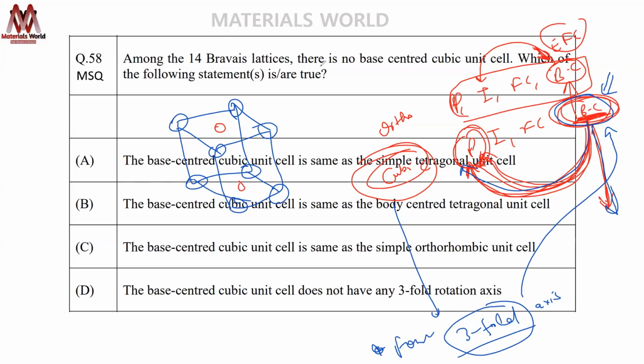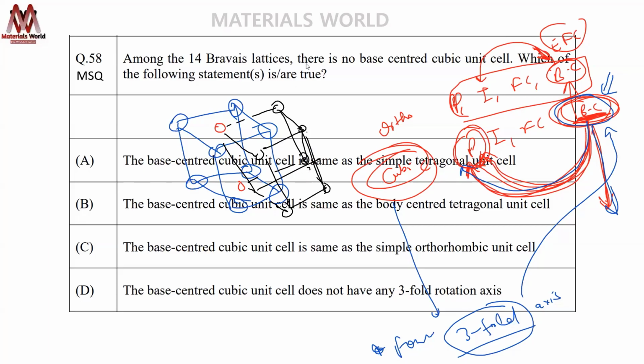I'm pretty sure. You can draw another here, you can draw another here, and you can draw another here, and you see it will become primitive only. Every base will repeat the primitive if you join.